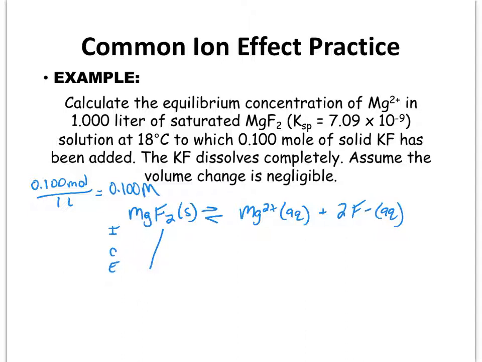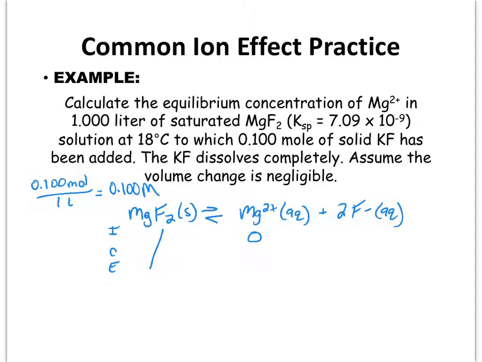So initially, I don't have any of the Mg2+, but then here's the difference, okay? In a common ion problem, one of your initials is not 0. This is different from the molar solubility problems we did, where both were starting at 0. So in this case, we added KF. F- is the common ion.